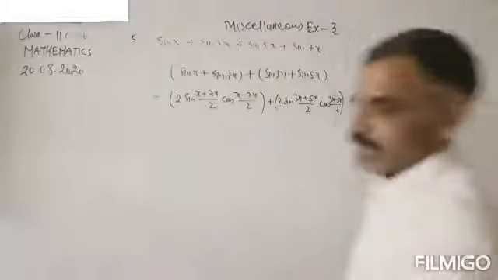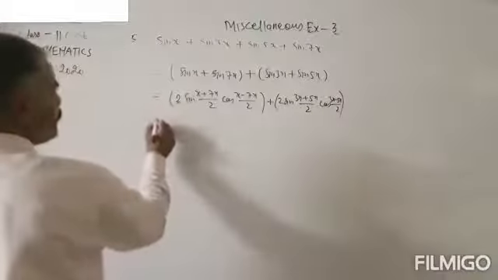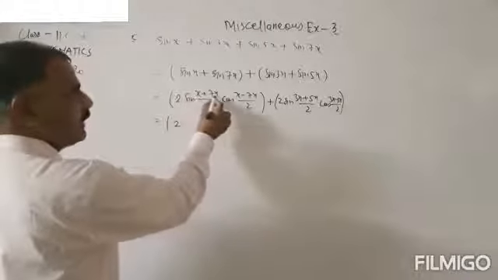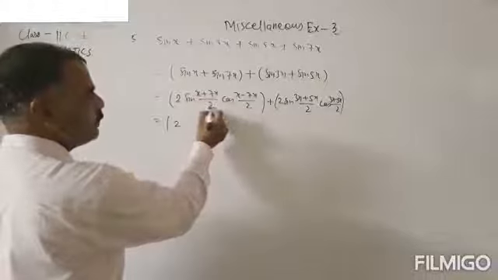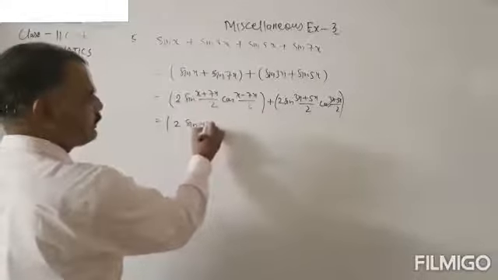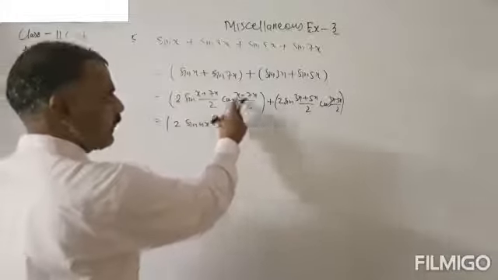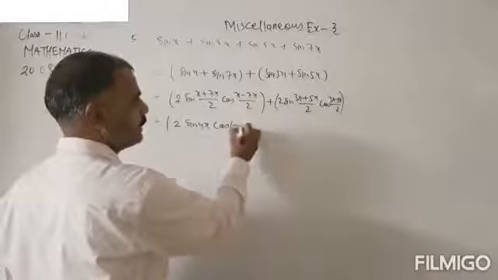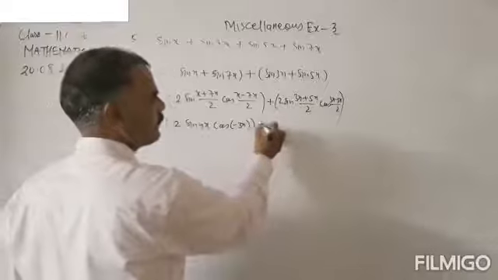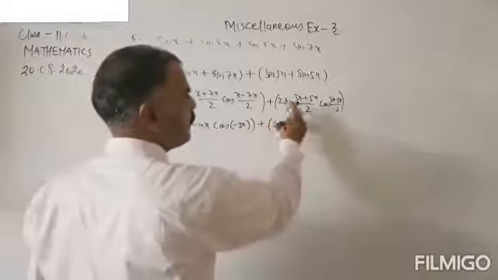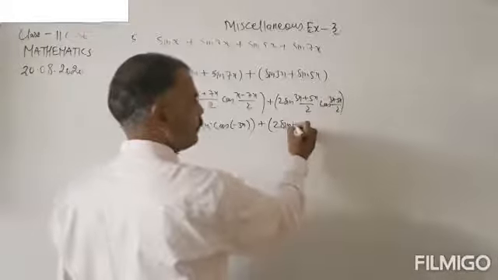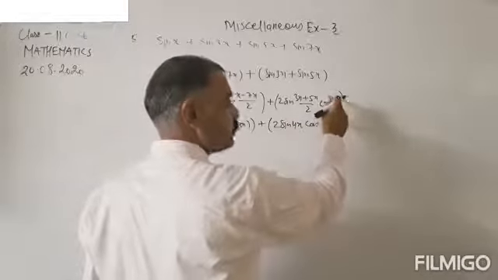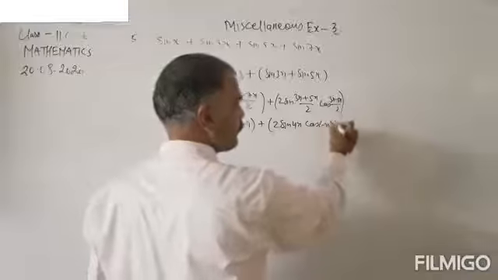Now simplifying this. 2 sin of (x plus 7x) by 2, that is 8x by 2, 4x, sin 4x, cos of (x minus 7x) by 2, that is minus 6x by 2, minus 3x. Plus 2 sin of (3x plus 5x) by 2, 4x, cos of (3x minus 5x) by 2, that is minus x.